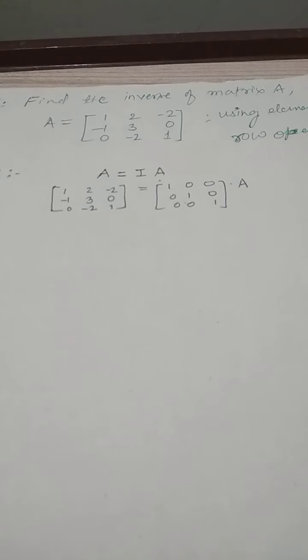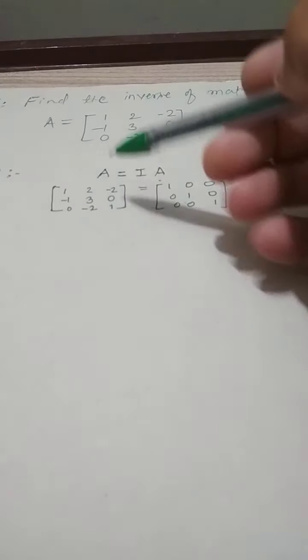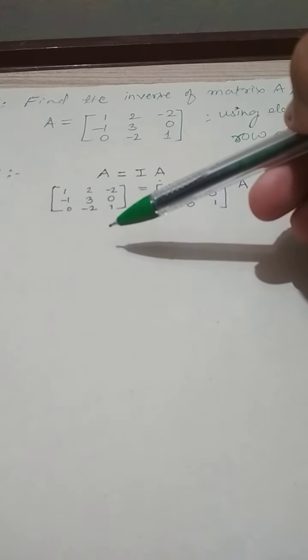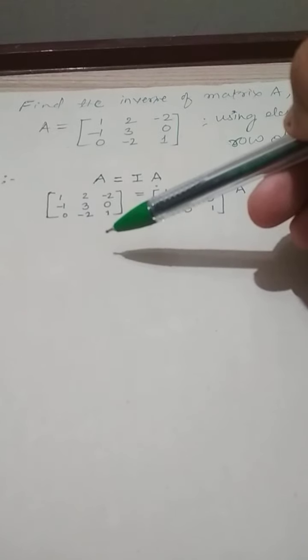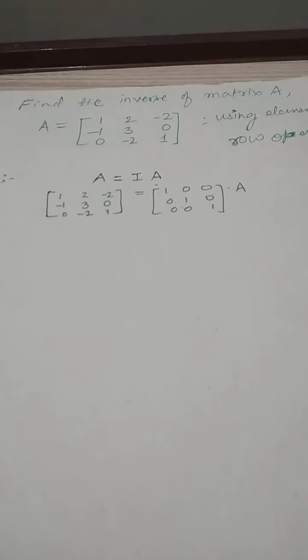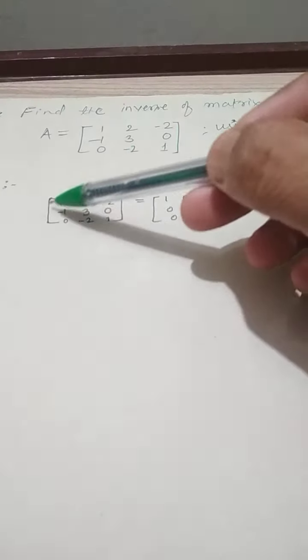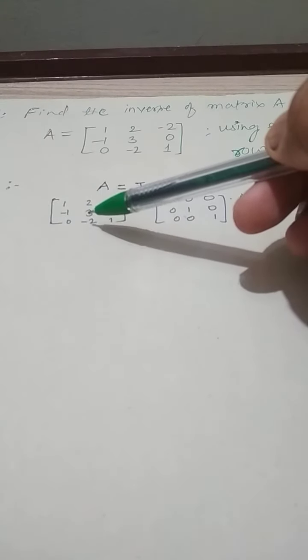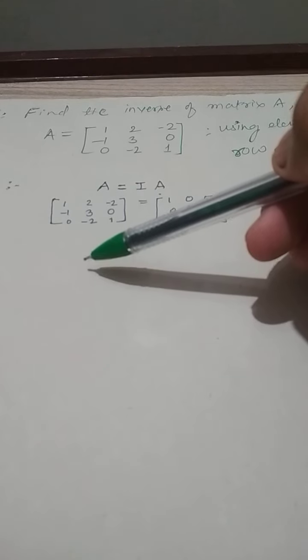Now it is very important for you all to note that whenever you have to find the inverse through elementary operations, always focus on the process that this matrix should be converted into the identity matrix.